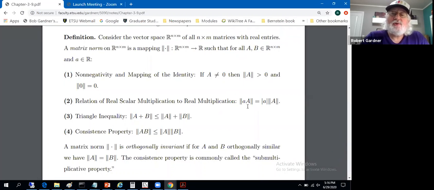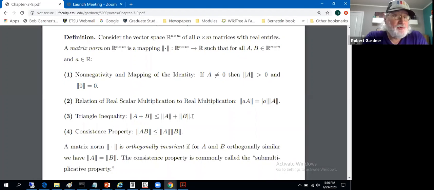If we take a matrix A and multiply it by a scalar a, the norm of that scalar a times matrix A is the absolute value of scalar a times the norm of A, and we have a triangle inequality. So these first three, same thing we had when we dealt with norms of vectors.